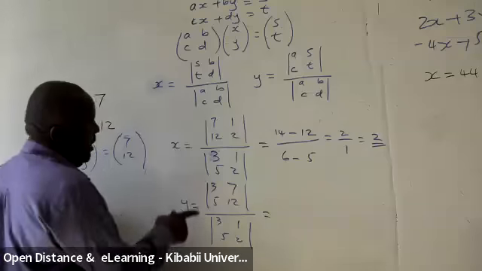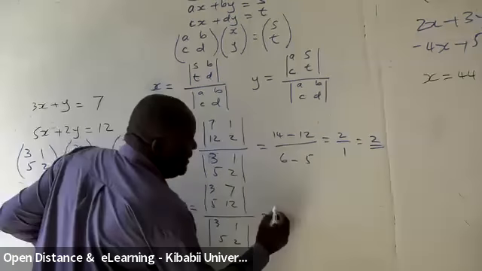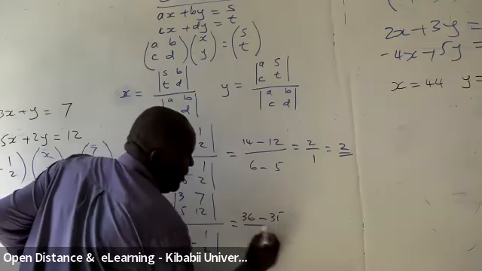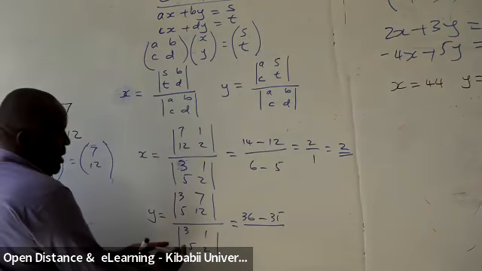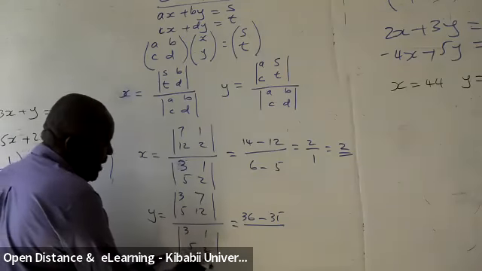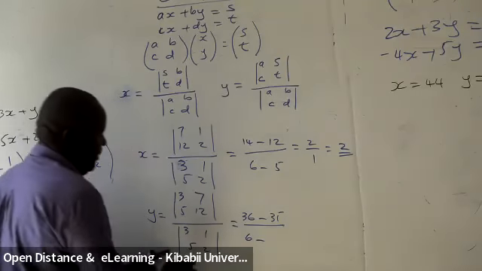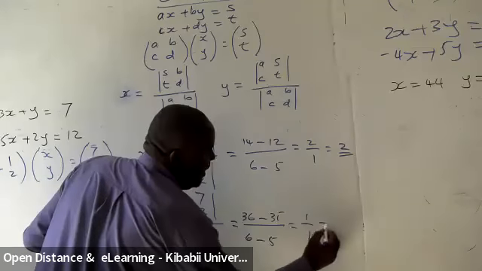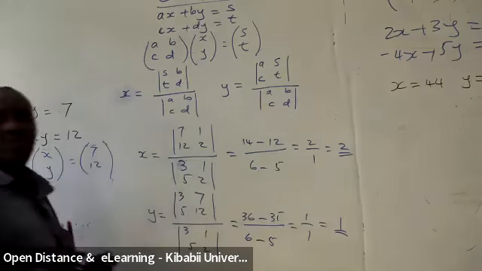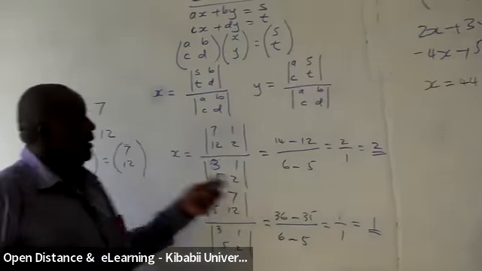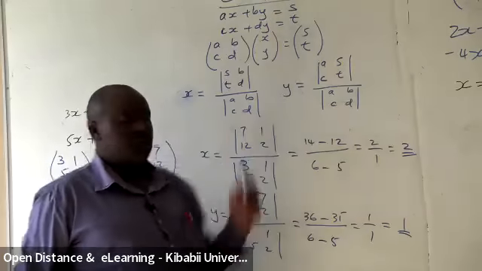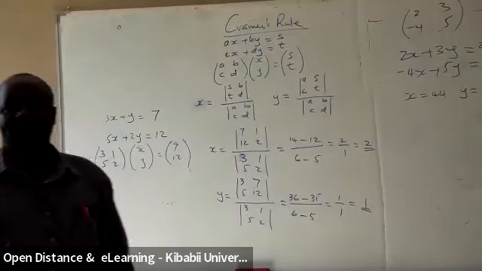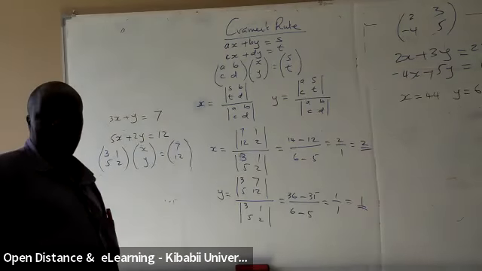This gives us 3 by 12, that's 36, minus 7 by 5, 35, divided by the determinant of the coefficient matrix, 3 by 2, 6, minus 1 by 5, 5. And this will give you 1 over 1, and that gives you 1. So x is 2 by Cramer's rule, y is 1. That is the simplest way.